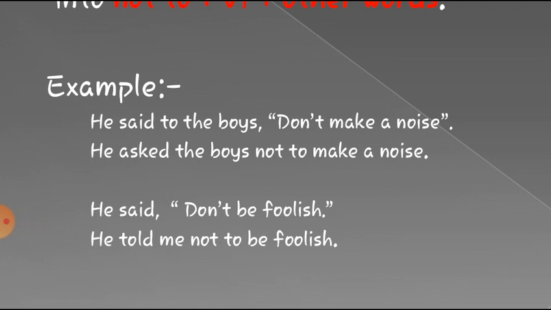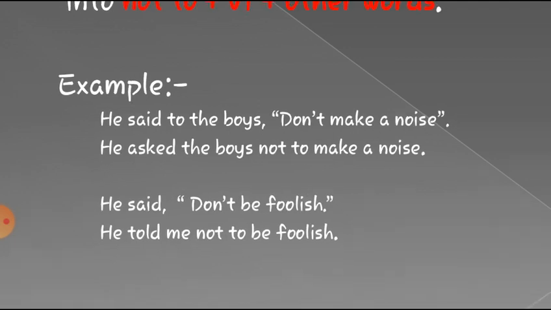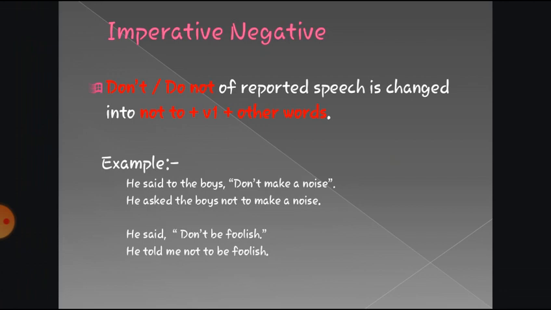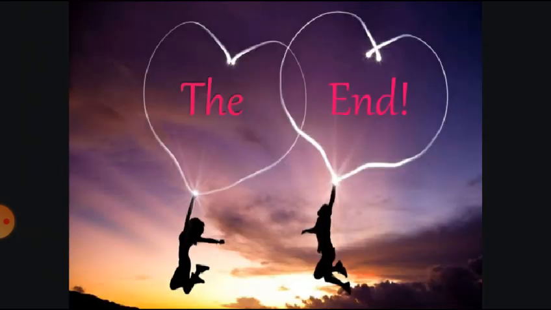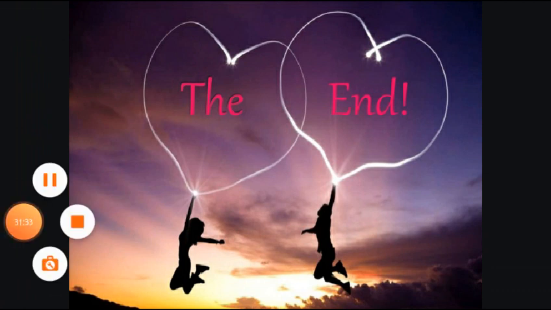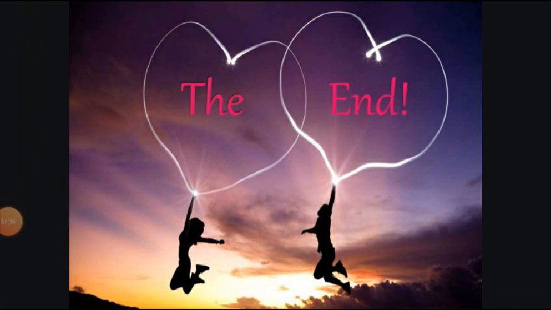Not to, what do not or don't can be changed into not to, dear student. So in this way you can change direct speech into indirect speech, my dear student. So today even it is enough.